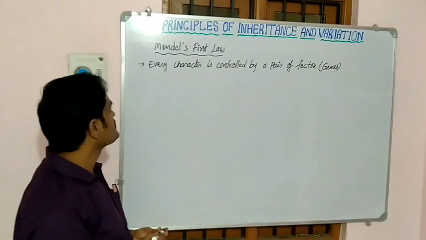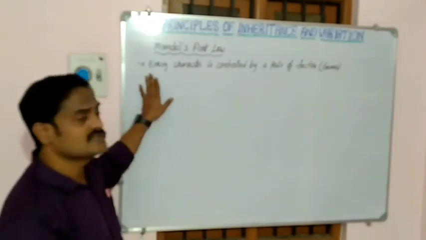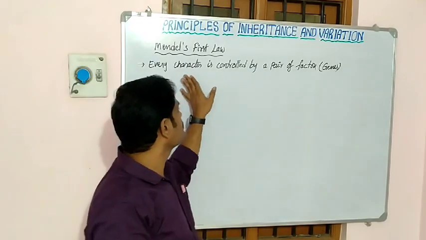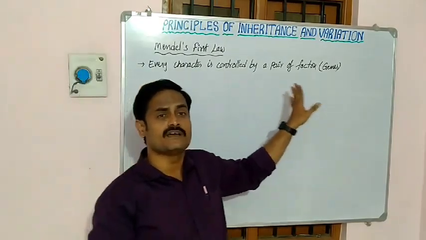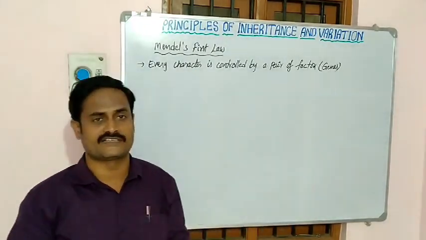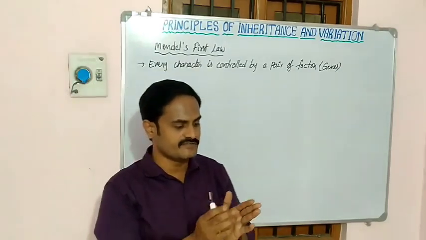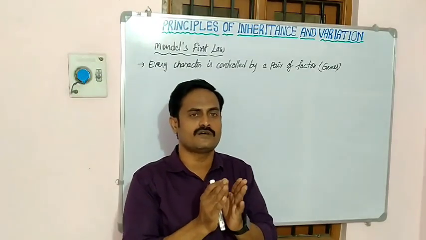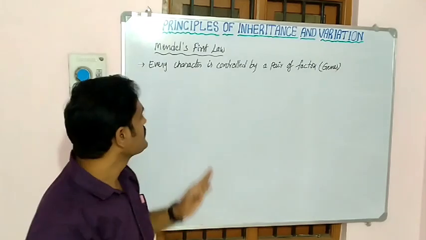So the first law tells that every character is controlled by a pair of factors. That means genes. Always genes are formed as pairs. Remember.